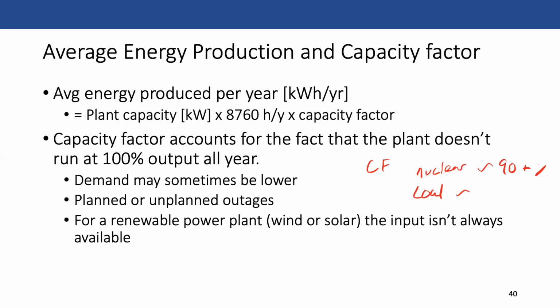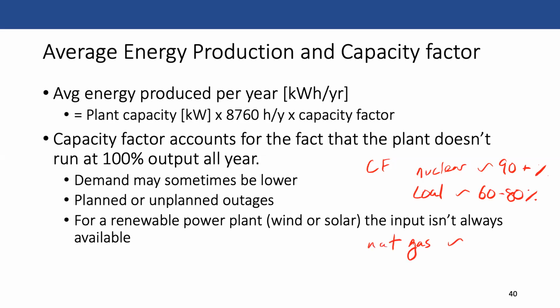Coal will operate between 60 to 80% roughly. I need to double check how accurate those numbers are these days, because coal power has been really dropping in the last couple of years. But generally, coal is also considered base load. Natural gas is the next big one.